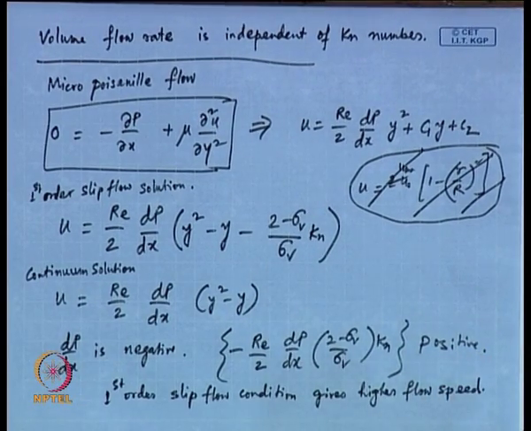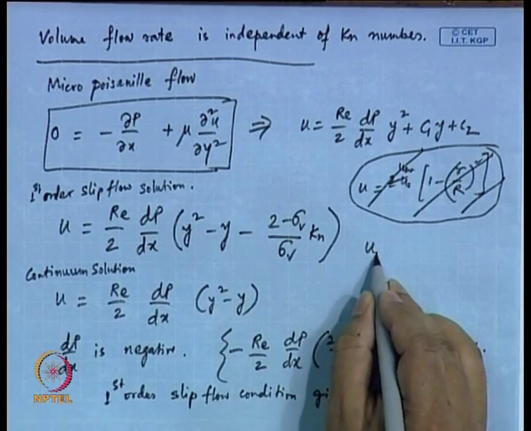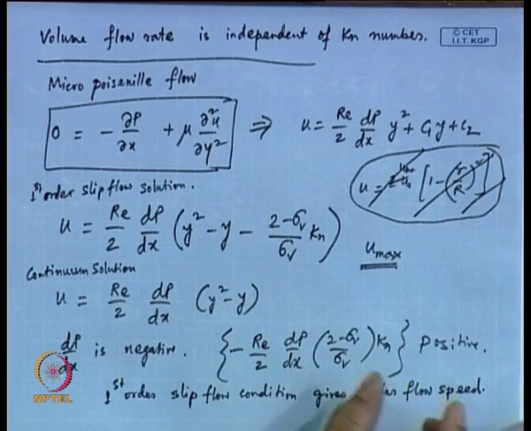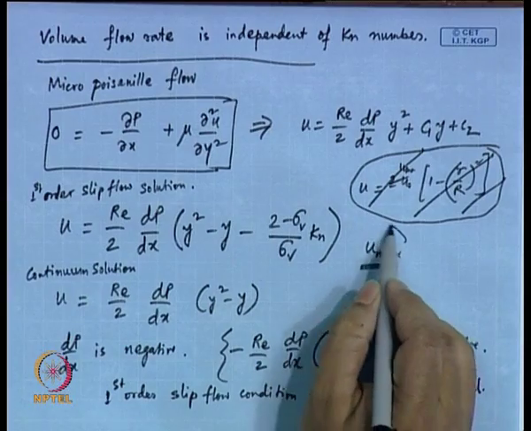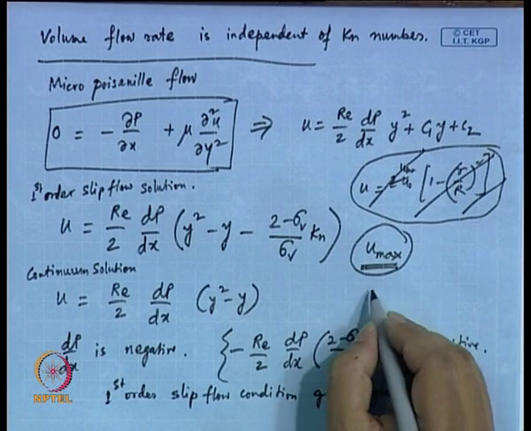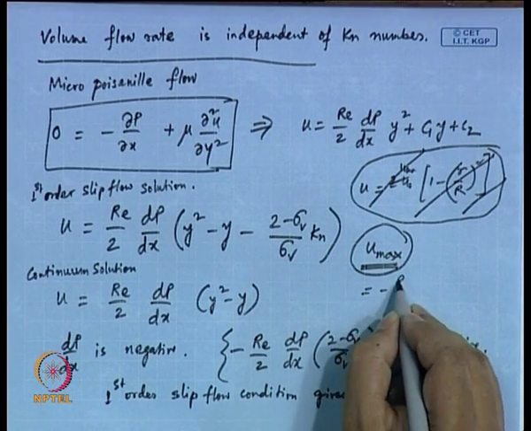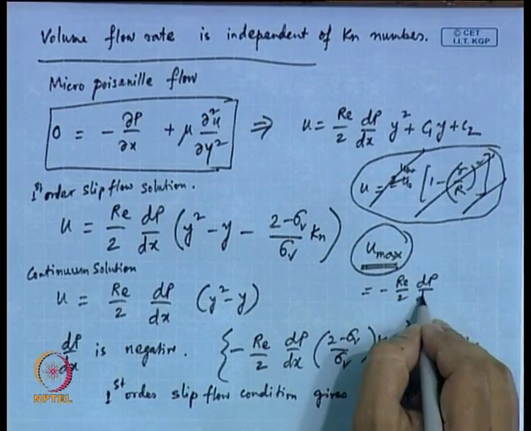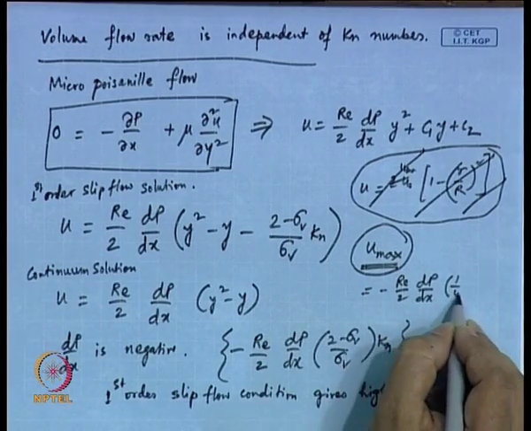Also, in case of a Poiseuille flow, a flow through a capillary, another thing is this u max. In case of micro-Couette flow, this was not important, but in a flow through a capillary, you know that at the center the velocity is maximum. So you can do a similar exercise with u max. As a matter of fact, you can obtain u max as equal to minus Re by 2 dp dx into 1 by 4 plus alpha.